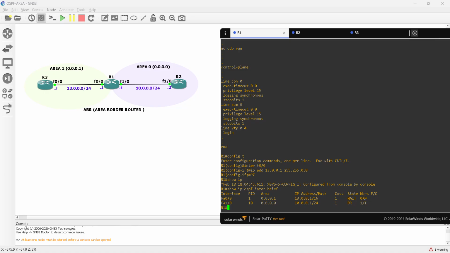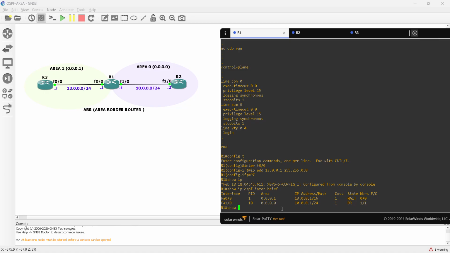Because the rule of neighborship says that the subnet mask of both of the routers should be the same in order to form neighborship. Now if you look, this entry is there but the neighborship forming is not there. No neighborship is getting formed.